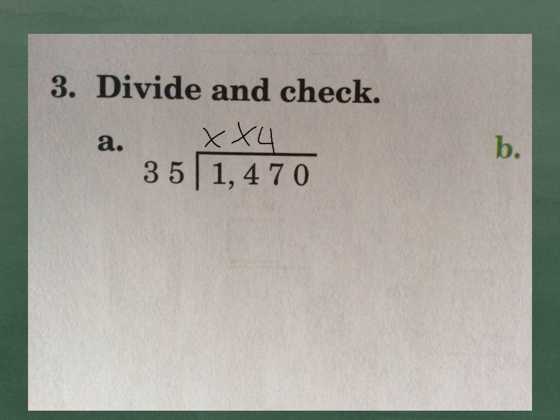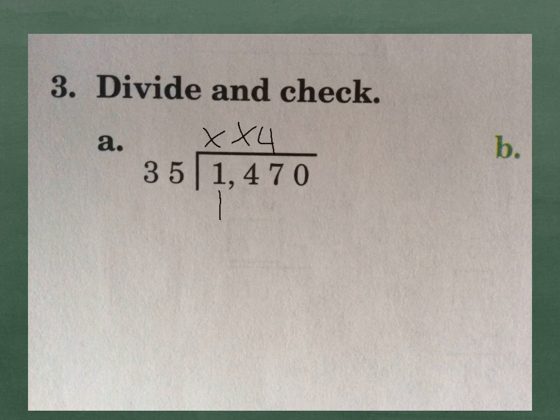So over to the side, we've got to work it out. 35 times 4. 4 times 5 is 20. 4 times 3 is 12, plus 2 more is 14. And so we get 140, which is going to be perfect here.